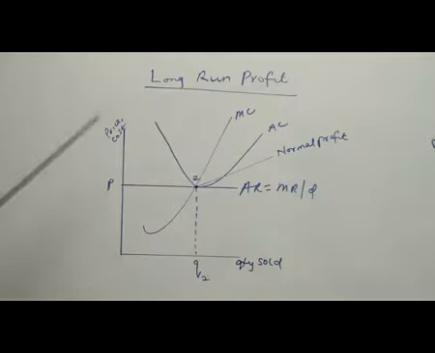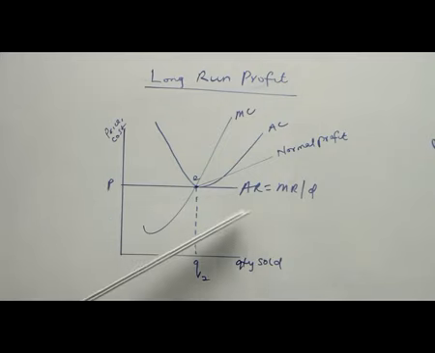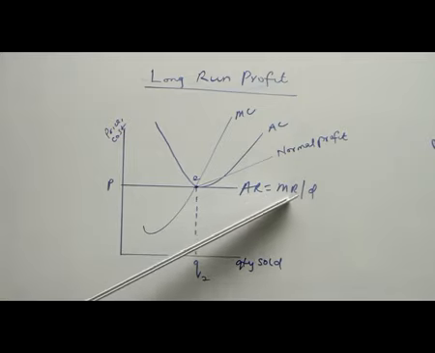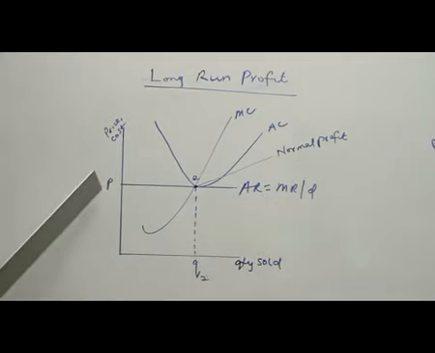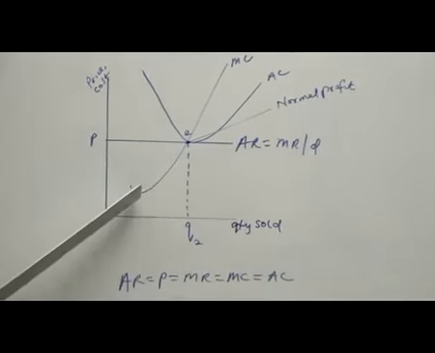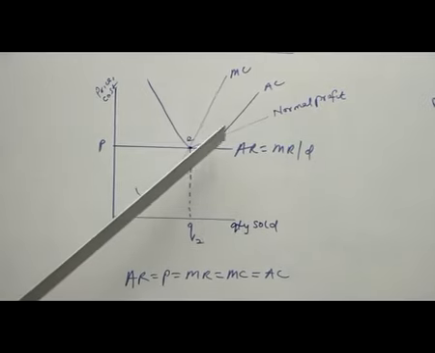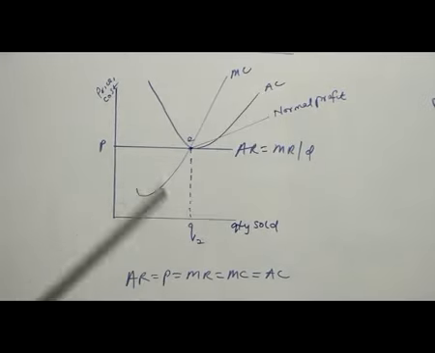The second one is what we call long-run profits under perfect markets. Let's look at the diagram very well. This is the horizontal axis where we have average revenue equal to marginal revenue, likewise equal to our price. We can see our marginal cost here, and we can see our average cost here.